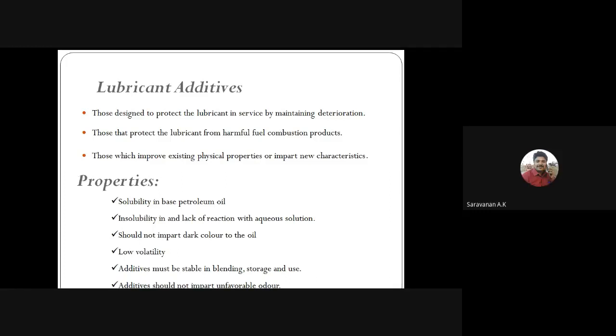So, the lubricant additives. The purification and manufacturing processes impart good quality to the lubricating oils, but still they cannot be used directly, whatever the condition may be.